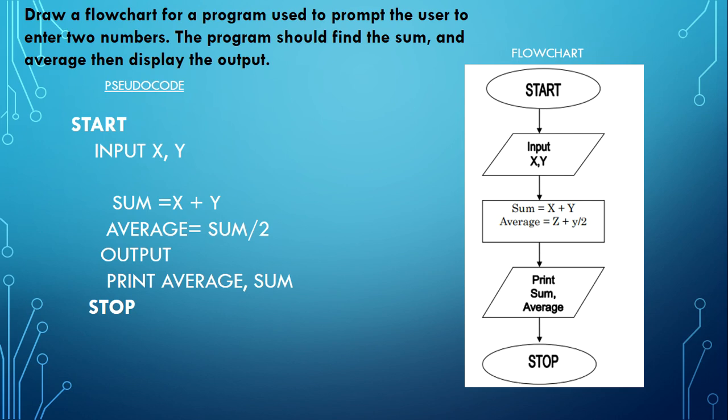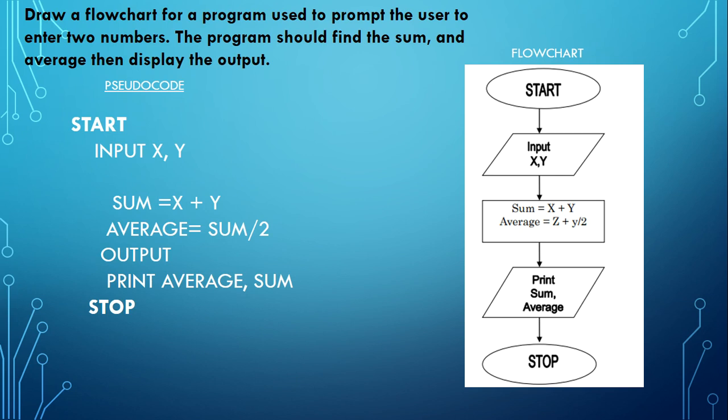Let's go into more complicated issues. Draw a flowchart for a program used to prompt the user to enter two numbers. The program should find the sum and average, then display the output. The output here is average and sum. So let's look at the pseudocode versus the program flowchart.